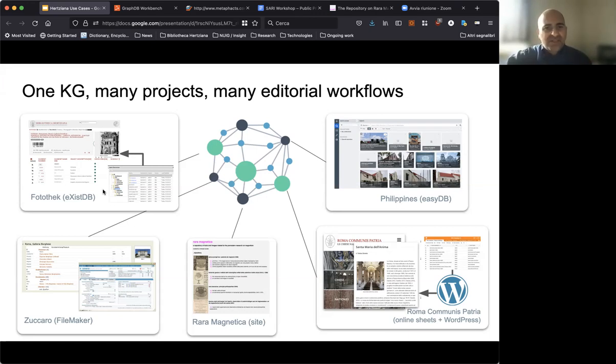What came out of this is a scenario that is quite diverse, because the Hertziana has had a long history of many scholars and researchers. Throughout history, technologies have been very diverse and evolving, and with them, so have the editorial workflows.